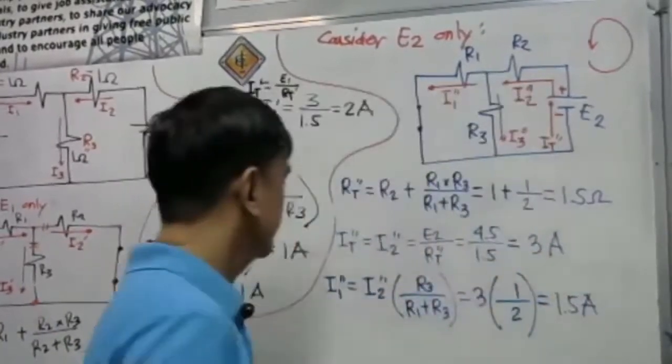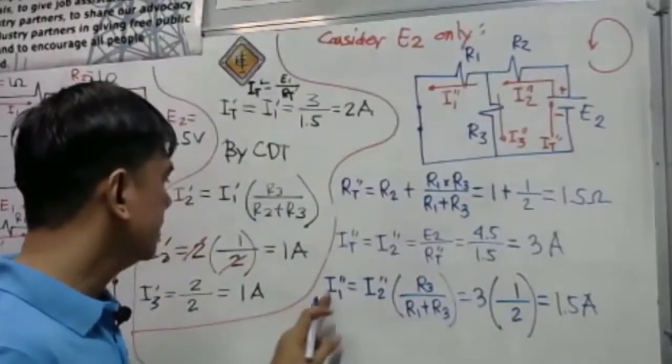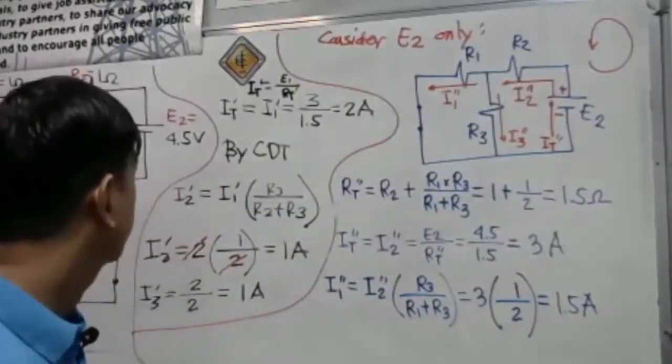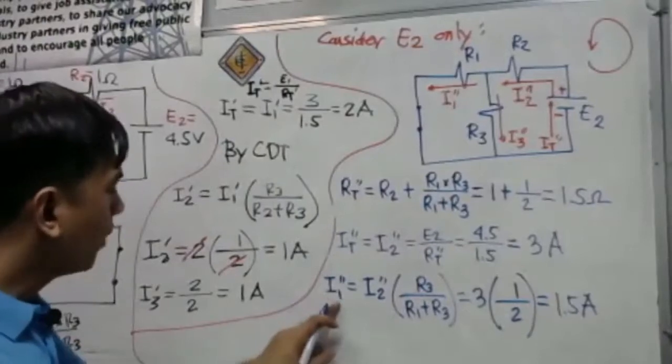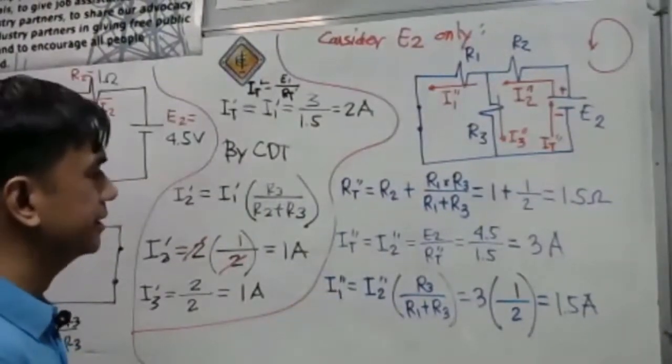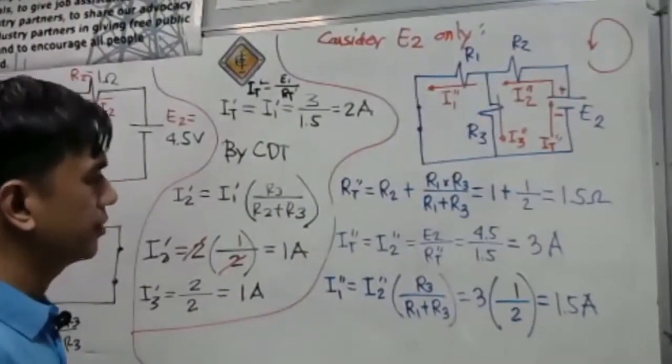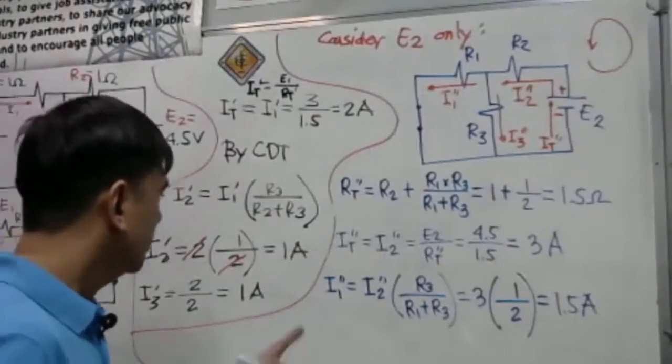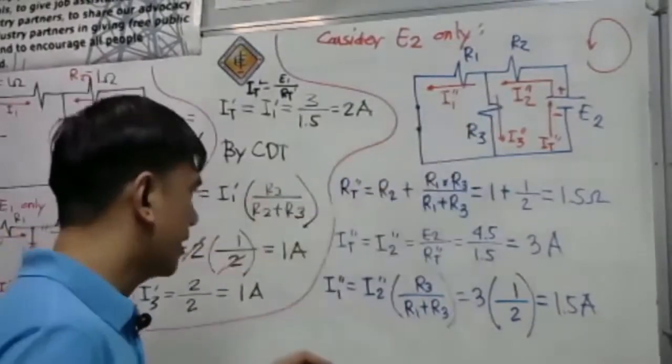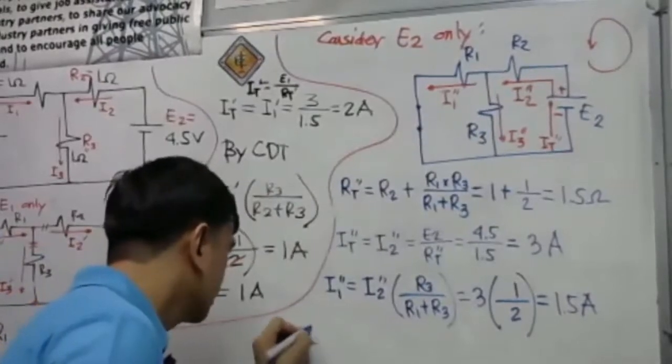So that is our I1 double prime. Now we have our I3 double prime. Let us get our I3 double prime.